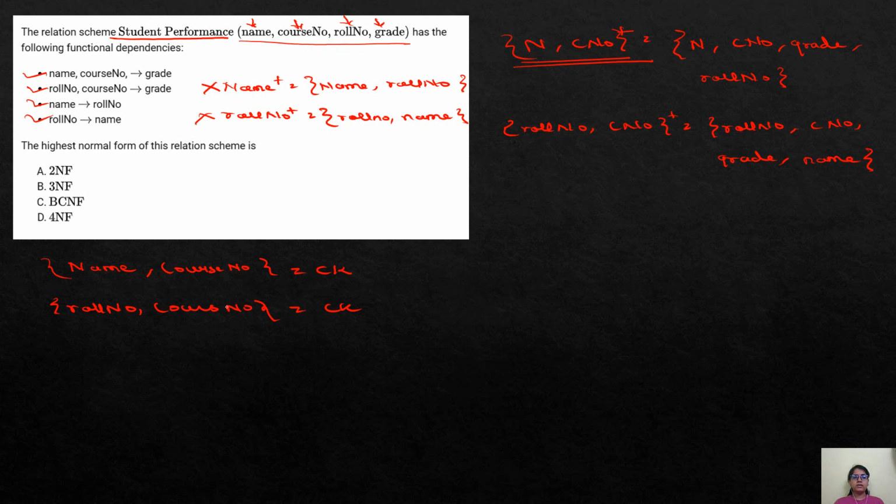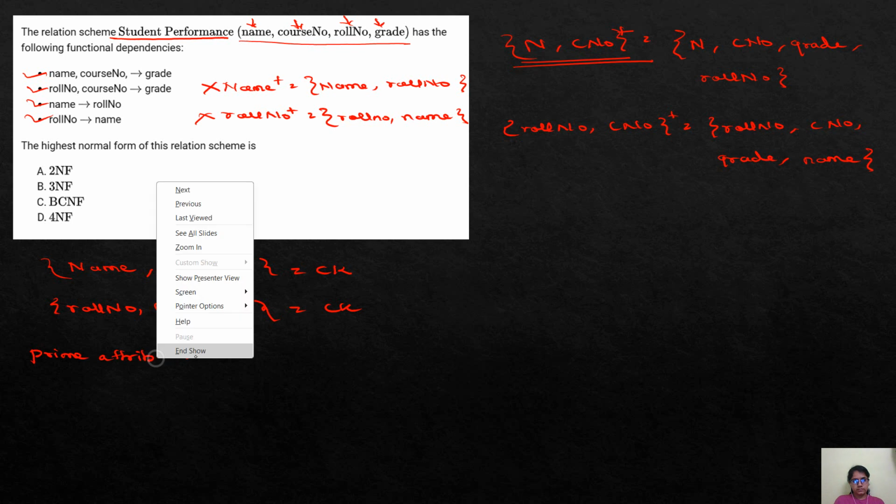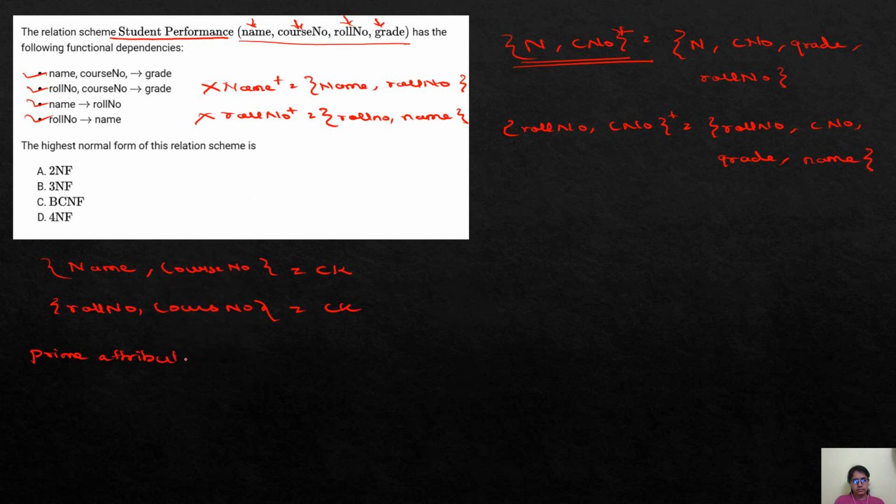So from the candidate keys we can say what the prime attributes and non-prime attributes are. Prime attributes are the ones that are part of a key. So name is a prime attribute, course number is a prime attribute, and roll number is also a prime attribute.